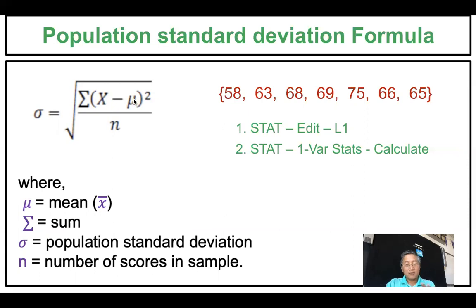You subtract the mean and then square it. Then you add all the squares, divide by the number of data, and do the square root. That is the population standard deviation formula.